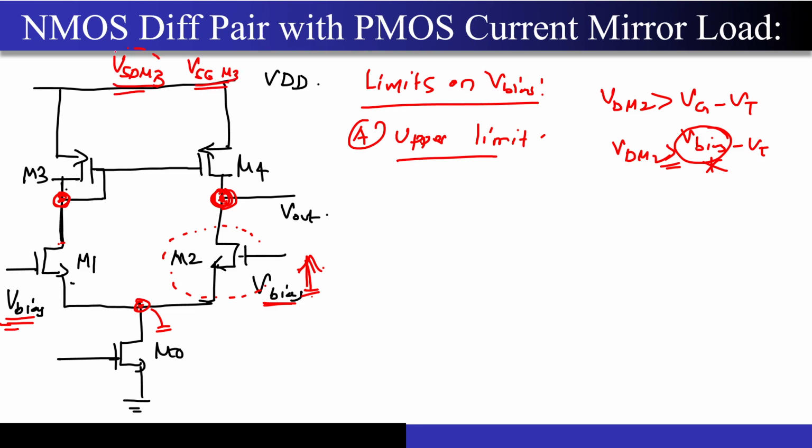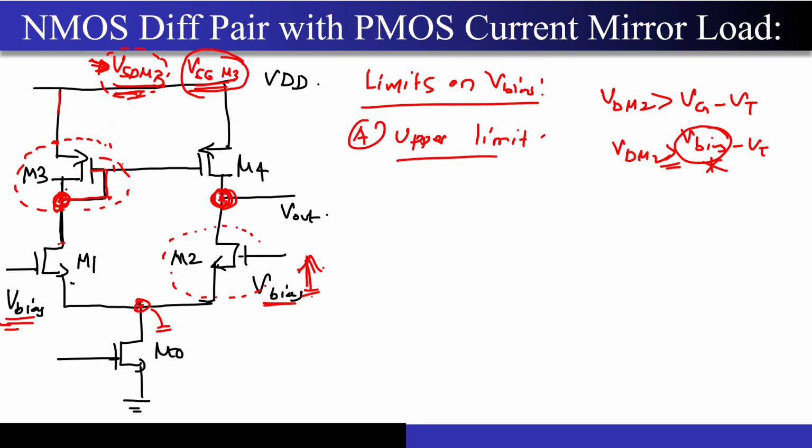I am not worried about the VSD of M3 because VSD was used to ensure that the MOSFET remains in saturation, but the moment the gate and the drain of the MOSFET are shorted, as long as the VSG of the MOSFET is greater than the threshold voltage, I always know that this MOSFET will always be in saturation, correct? So when I'm moving from this particular point to this particular point, I have to take into account VSG, not the VSD, because VSD was used to check whether the MOSFET is in saturation or not.